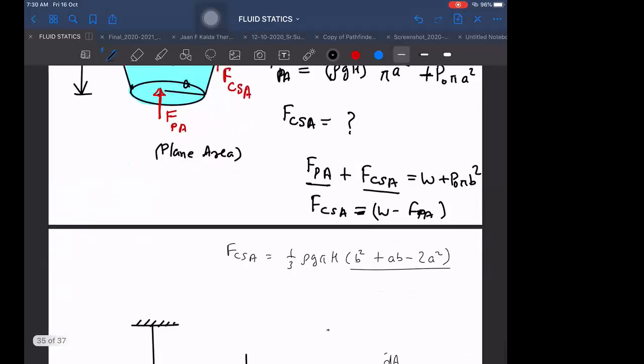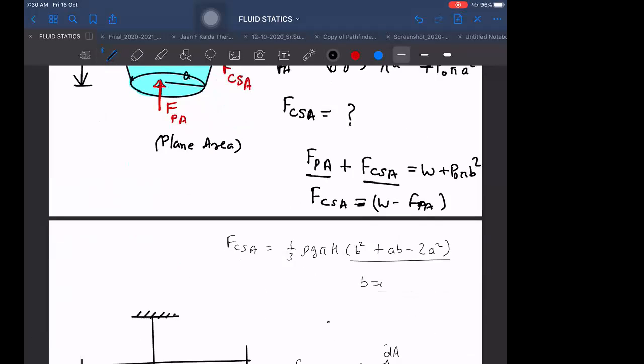Yes, negative. And when b is equal to a, it should become 0: b square plus b square minus 2b square, zero. Correct, sir. So this is enough. We will take this case only, and when we put b as 0, then we get the total inverted cone. So it is a good idea.